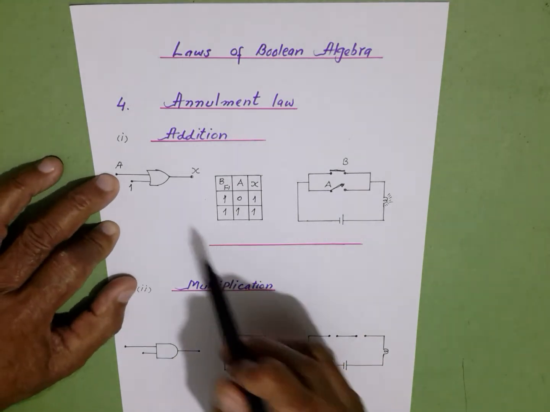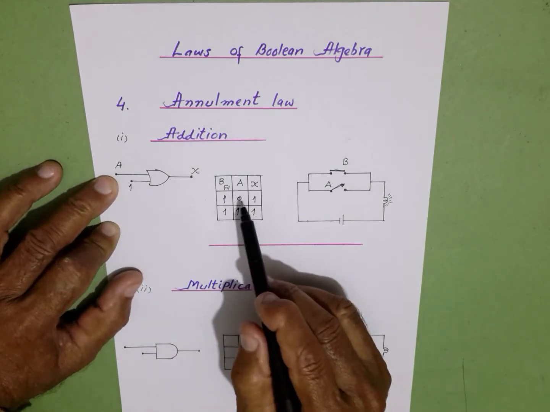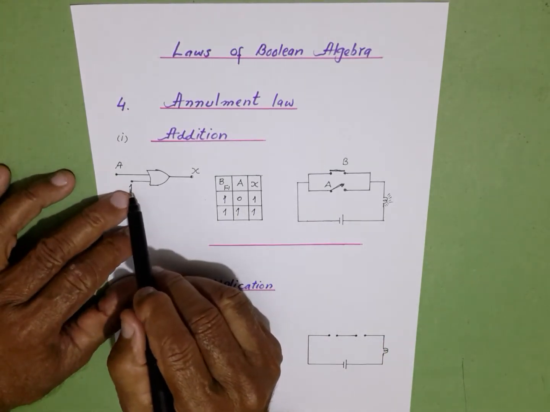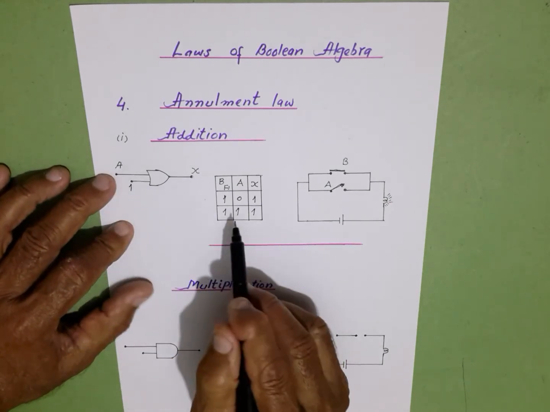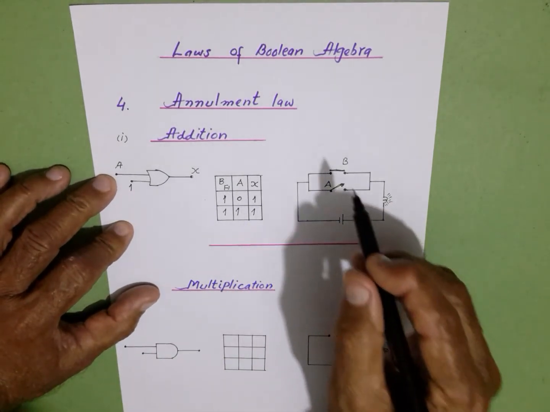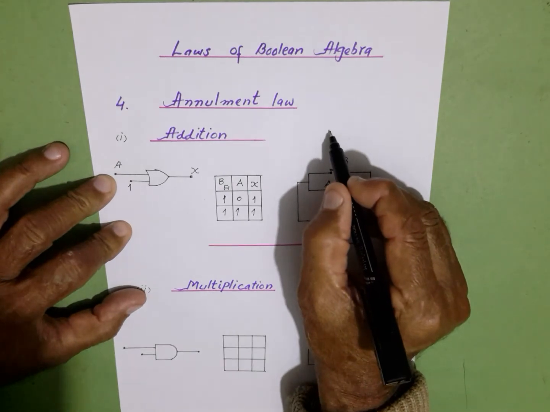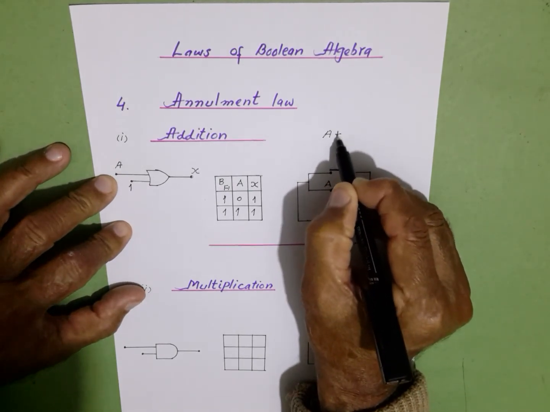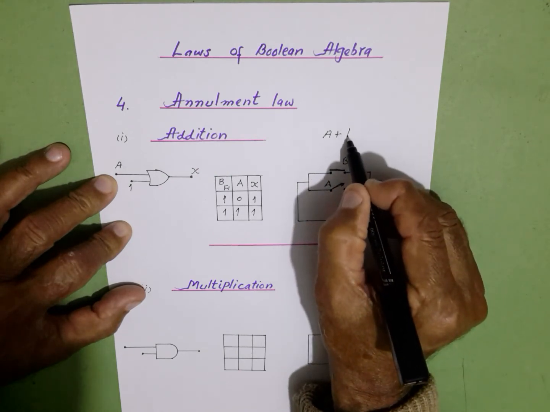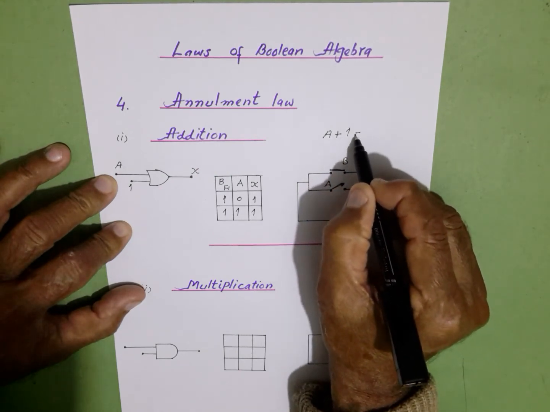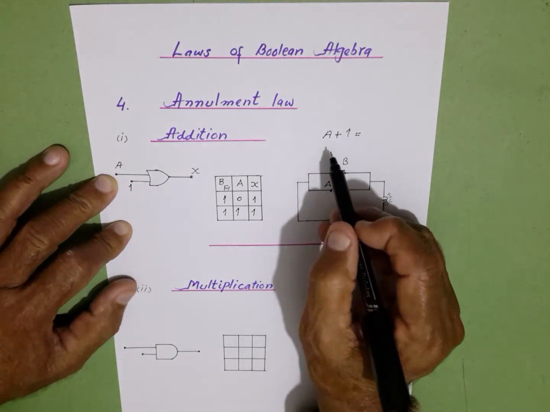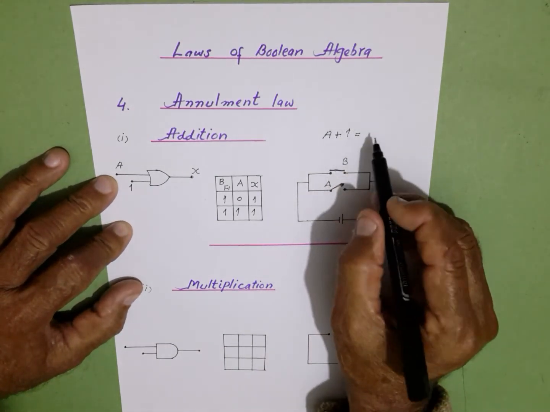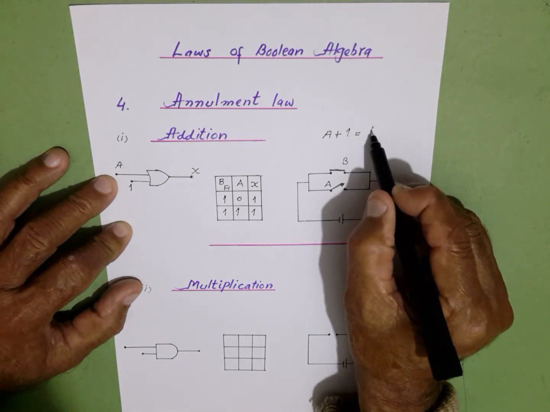See that when A is 0, the output is 1. When A is 1, the output is 1. This is the law of addition, which states that if a variable can be A, it can be X or any alphabet, the output is always 1.